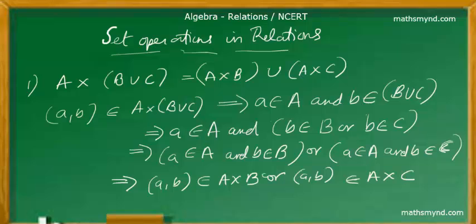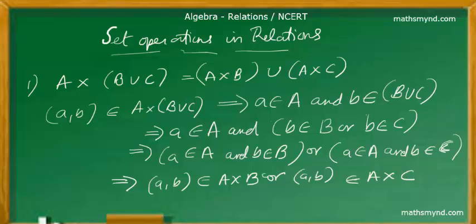Because in relations we are dealing with ordered pairs, here the element as such would be a pair, that is (a, b) or (x, y). We'll be doing a lot of these proofs and set operations of relations both in the sample problem section as well as in the question bank.